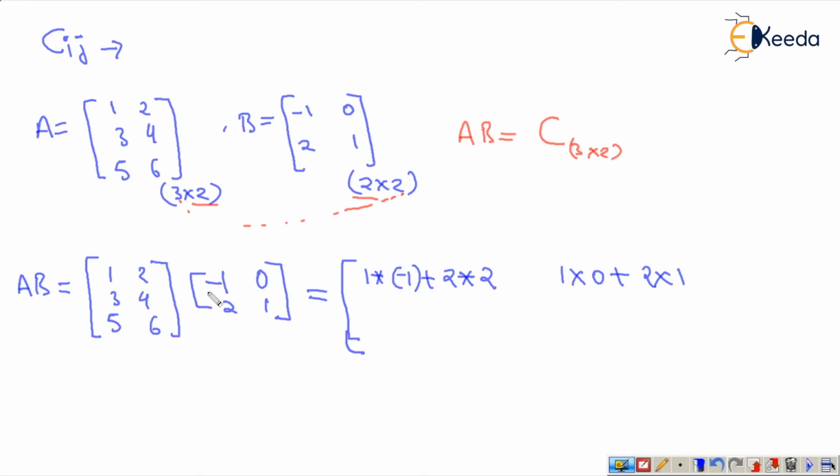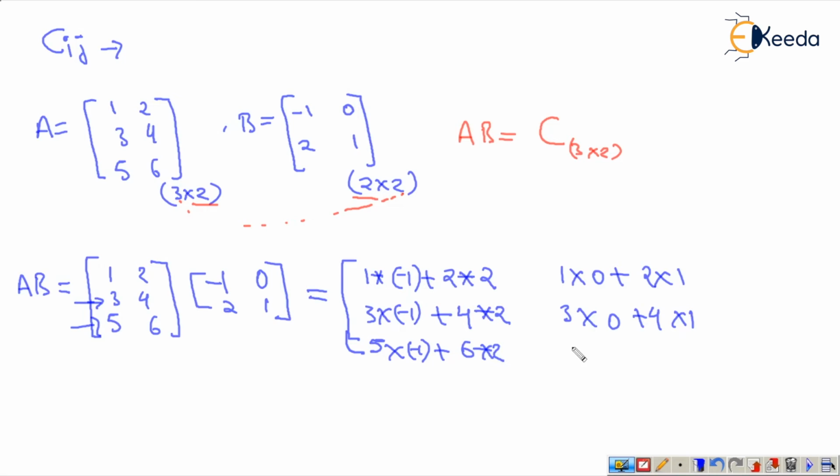Second column, sorry, second row. So the second row will move with the first column, then the second column. So 3 into minus 1 plus 4 into 2 and 3 into 0 plus 4 into 1. Third row, so third row and first column, second column. So 5 into minus 1 plus 6 into 2, and then 5 into 0 plus 6 into 1.